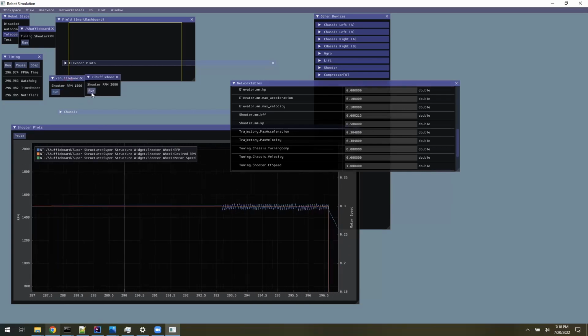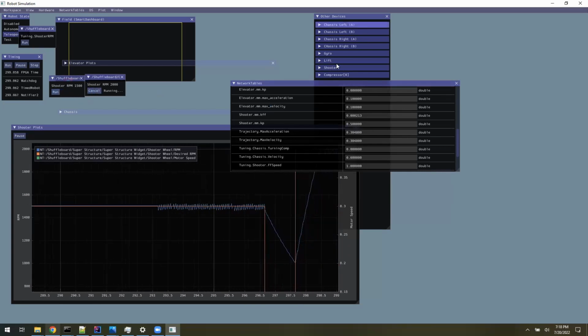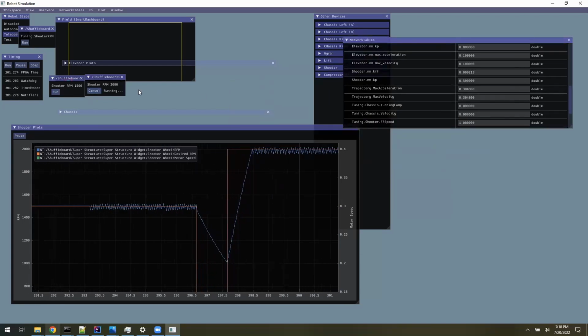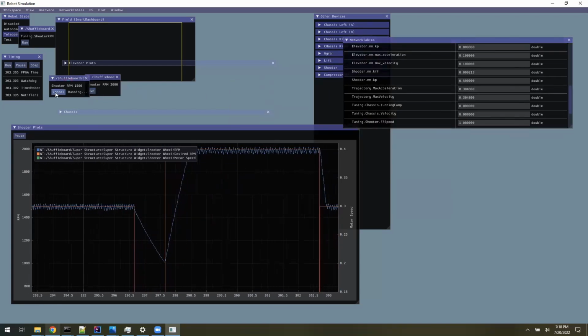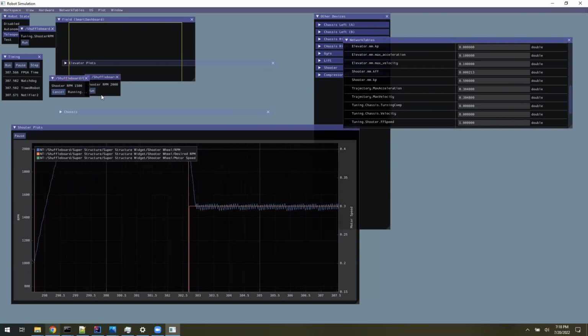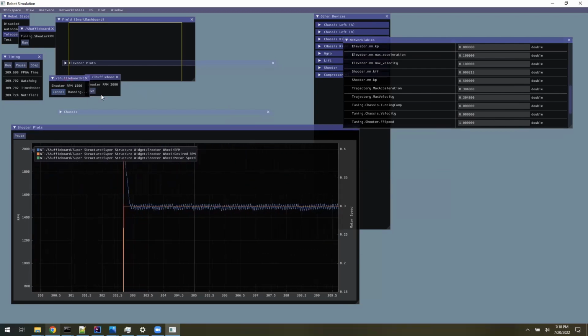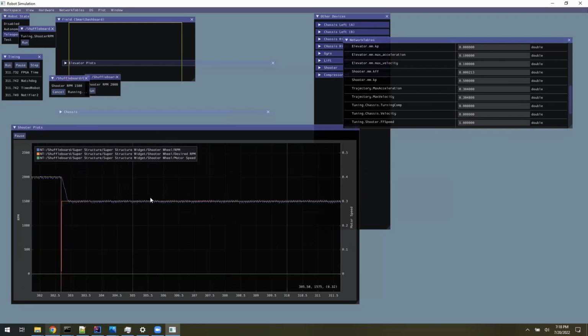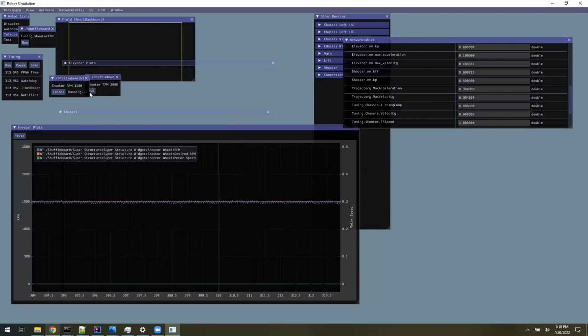We can quickly go between our close shot and our far shot. It gets up to speed super quick. I don't have a way to simulate a disturbance like they did when the ball hit the wheel, but feel free to play around with that more on your own time.